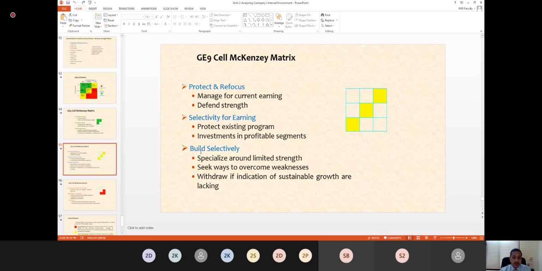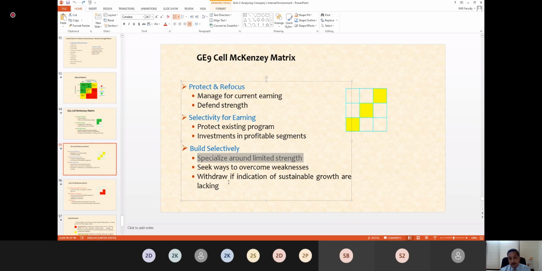We can specialize around limited strength, specialize around a particular business in the market, and have more market share even if the market growth is very low. As we have good strengths in that area, we can take more benefit of that type of business.